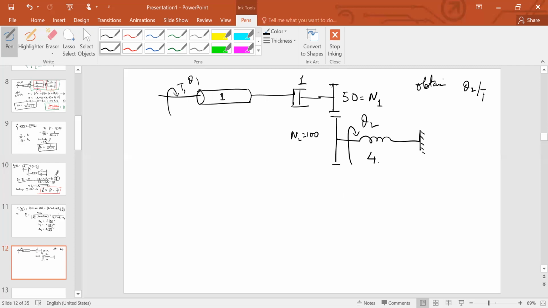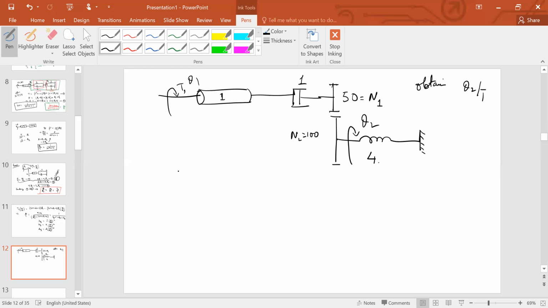All right, so what is the simplest way to do this? The simplest way to do this is first reflect the spring to the other side. See, there's only one element here on this side of the gear, right?